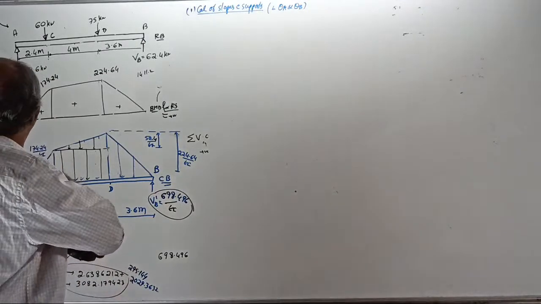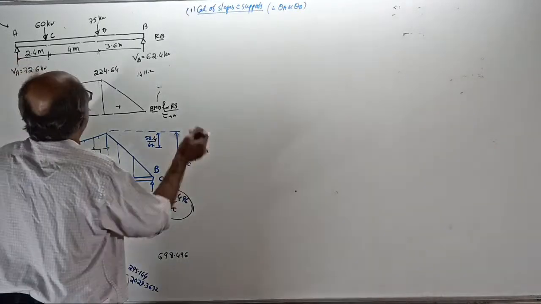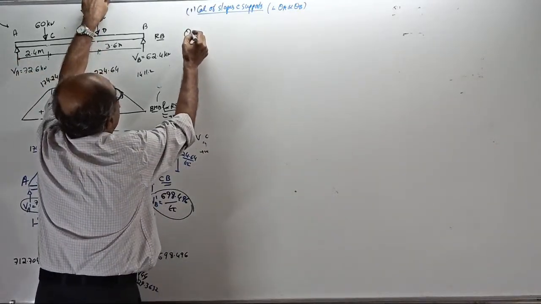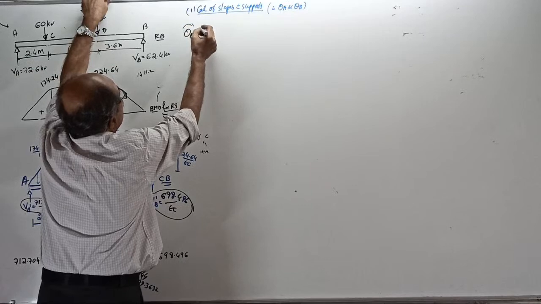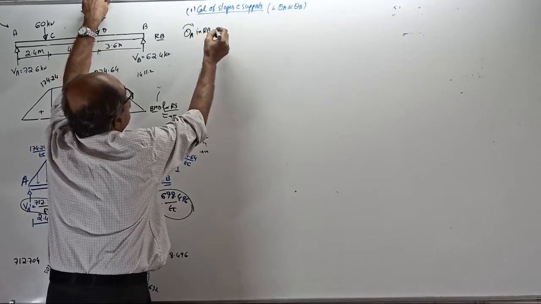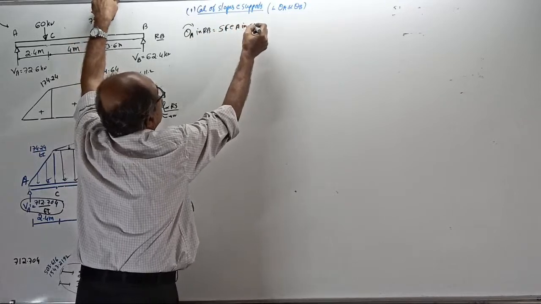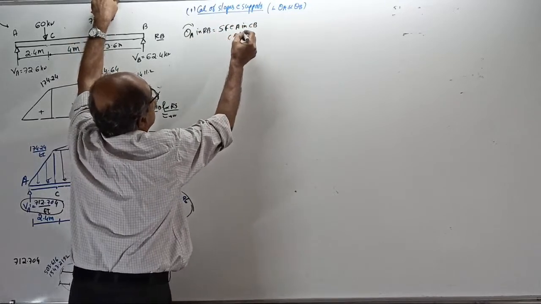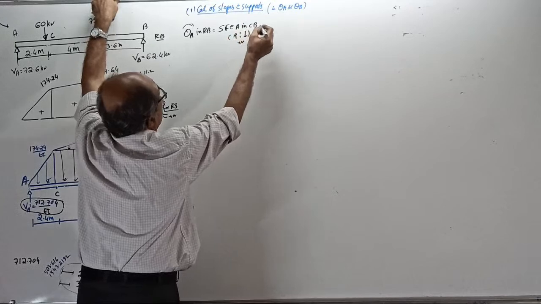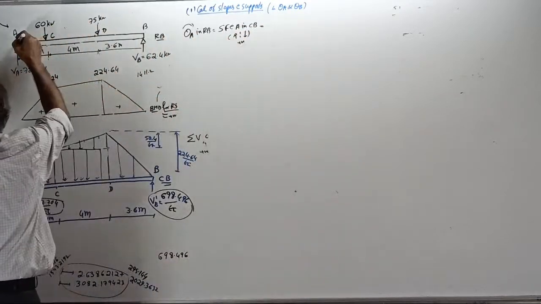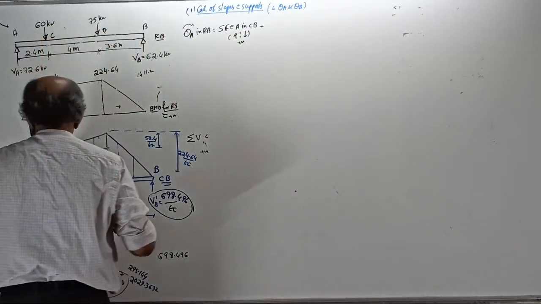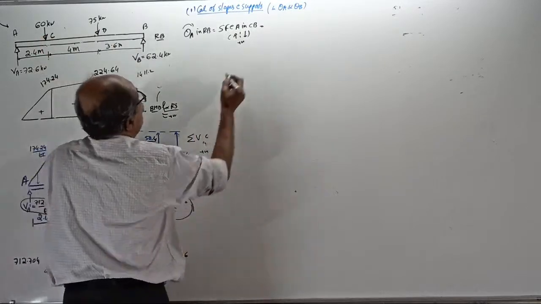Start one by one, correctly. First, theta A clockwise in the real beam equals the shear force at A in the conjugate beam. Left up, right down, positive. I should not write every class. Slope here is shear force here. Come slightly inside, look that side.